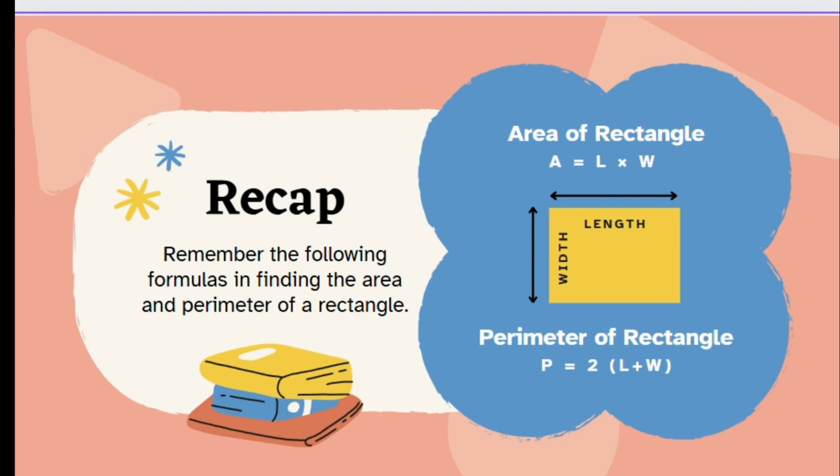And what is the perimeter of a rectangle? The perimeter of a rectangle is 2 multiply length plus width, or you can say 2 multiply length plus breadth. So basically what we learn in this lesson are the area of a rectangle and the perimeter of a rectangle.